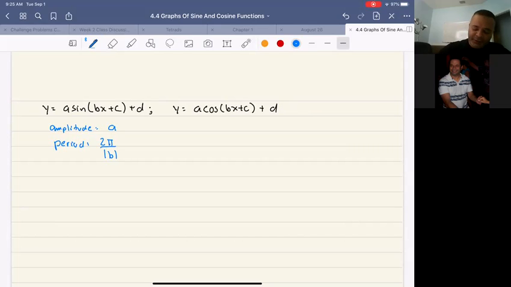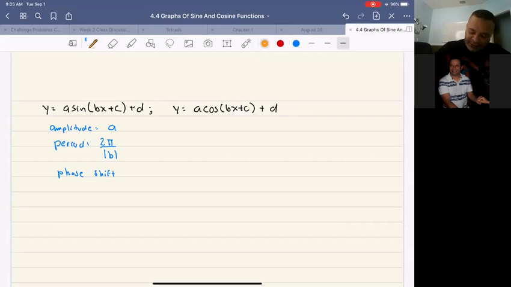Okay, the phase shift. The phase shift's a little bit tricky, because you might think it's C. However, you have to divide out this B thing.